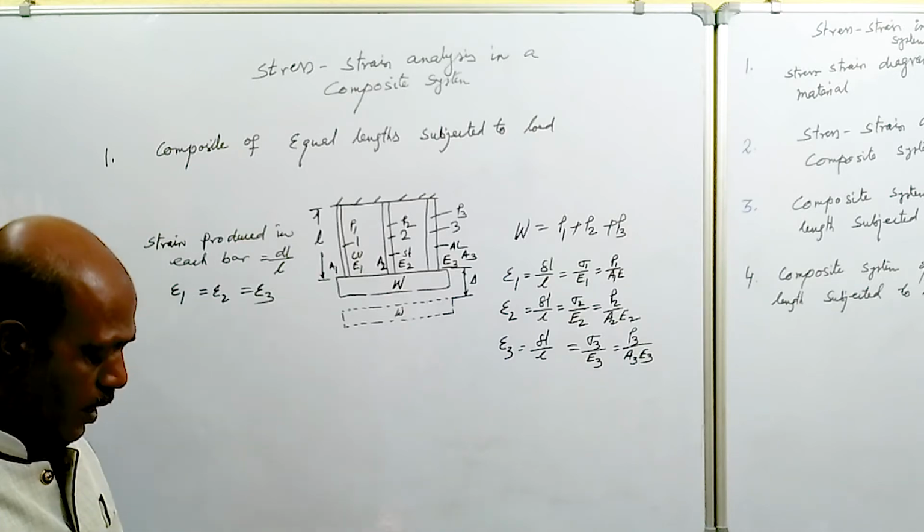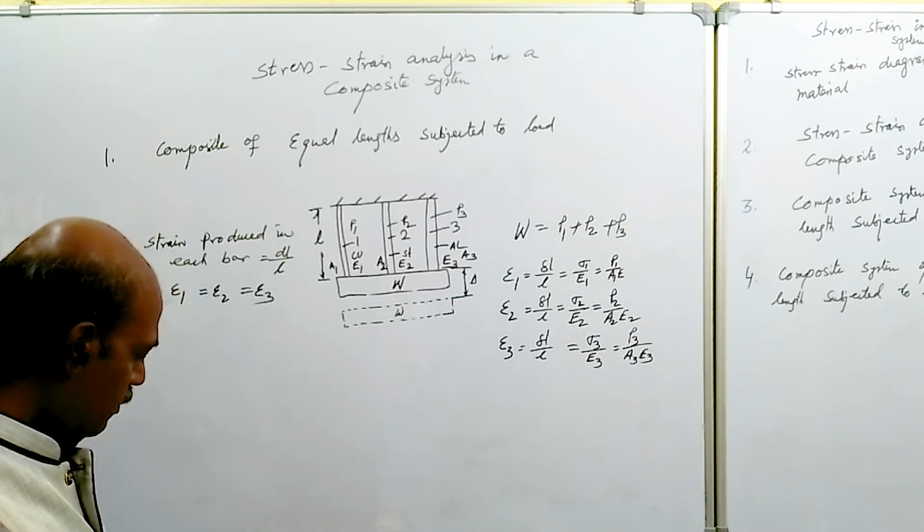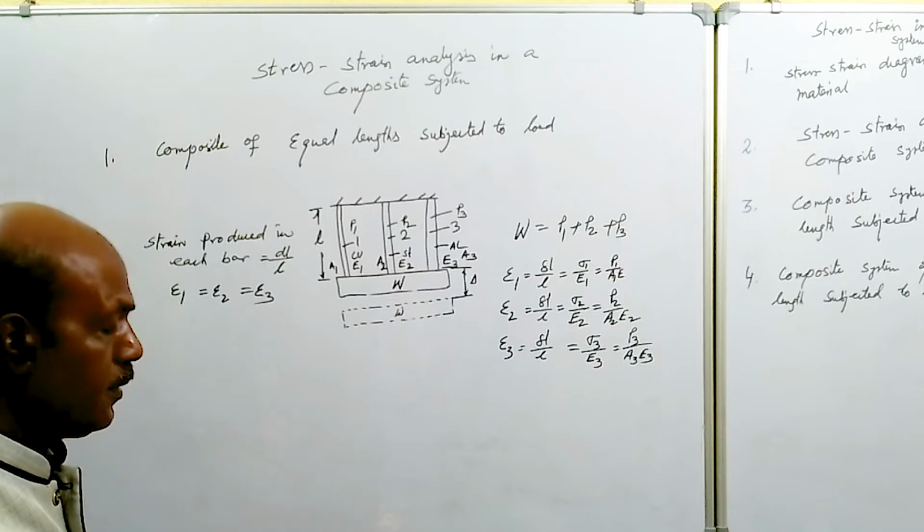Thereby epsilon 1 is equal to epsilon 2 is equal to epsilon 3.